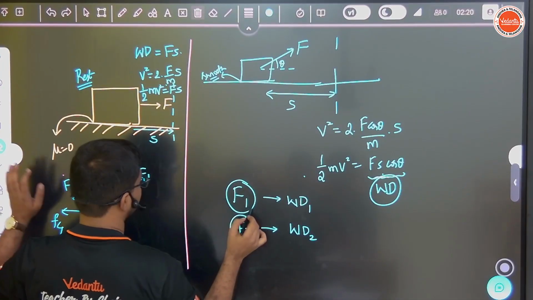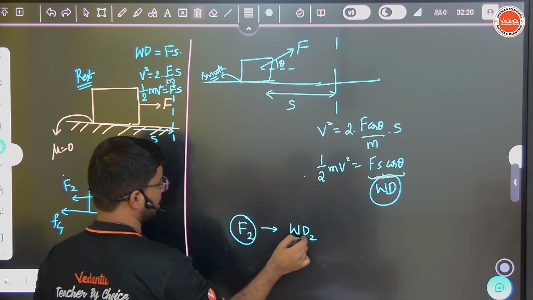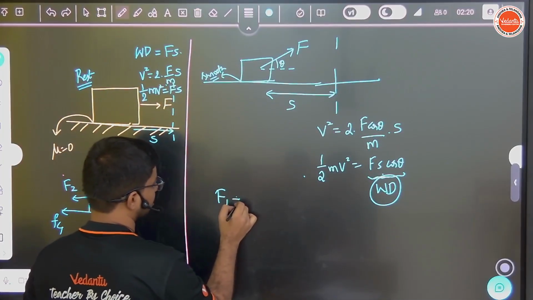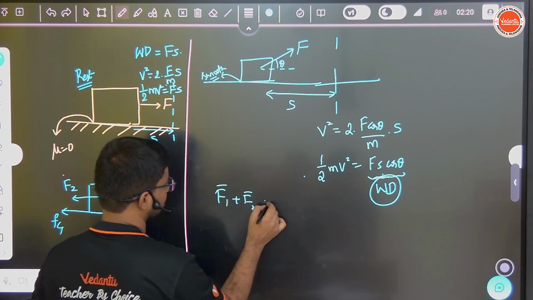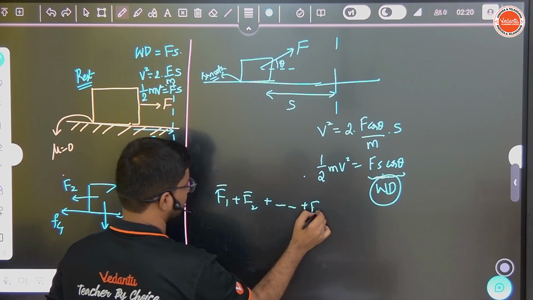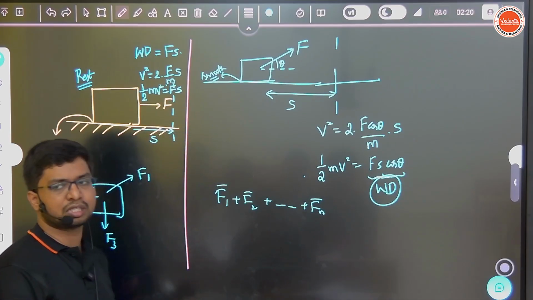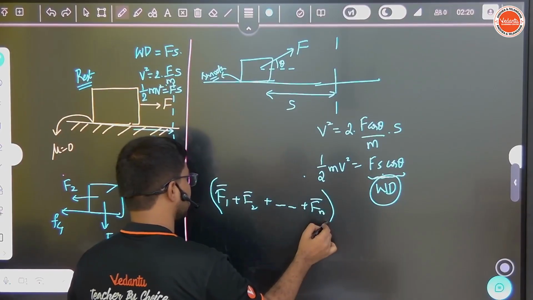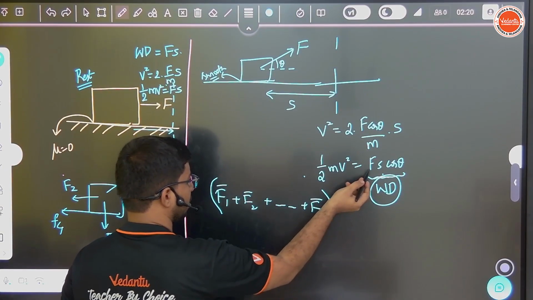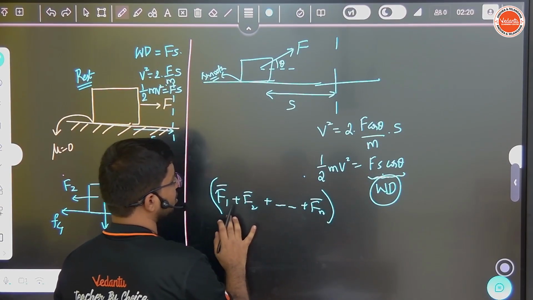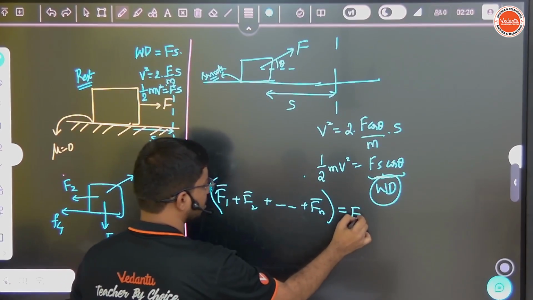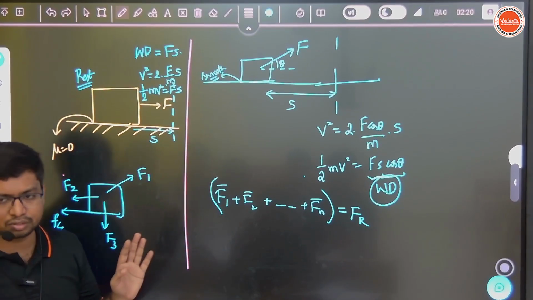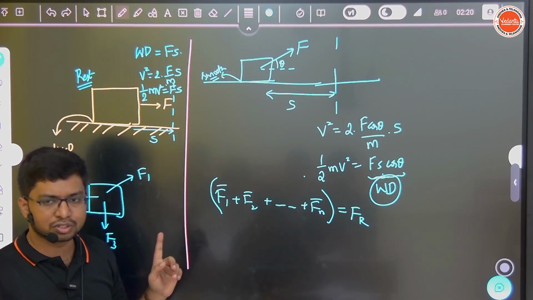Now when the net of all these forces, F1 bar, F2 bar, F3 bar and so on up to Fn bar, n forces, are applied, you find out the resultant of these, that is going to be a single force.